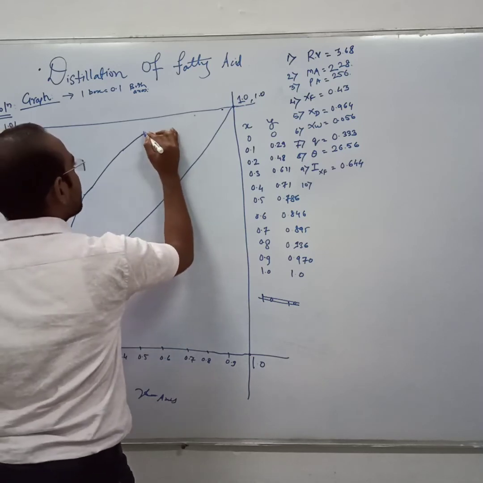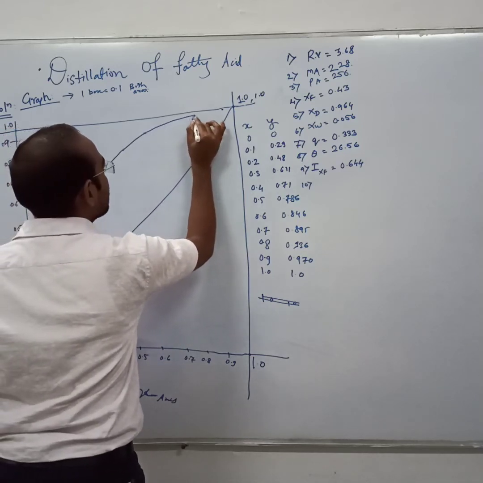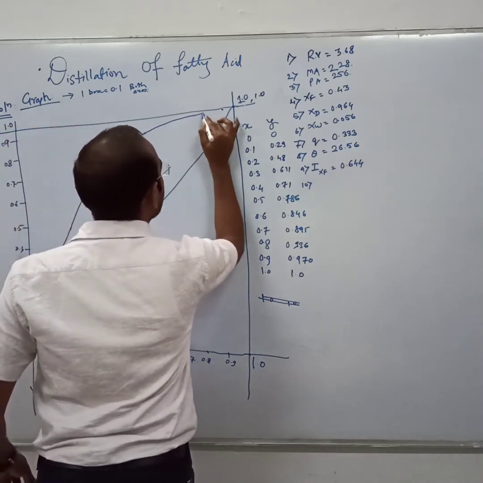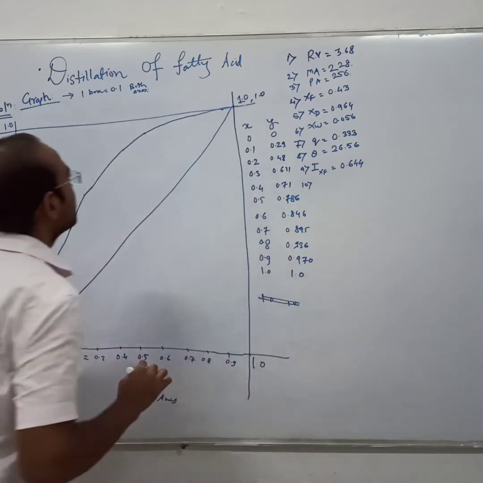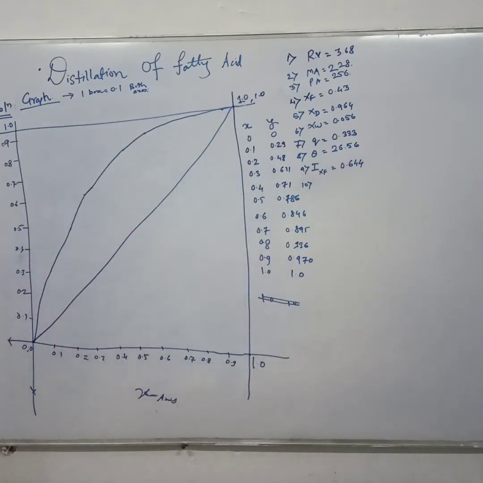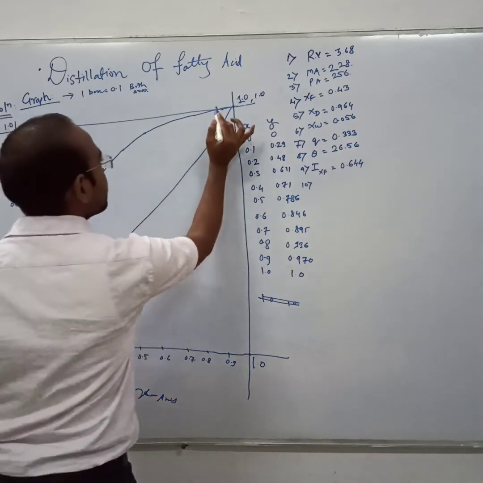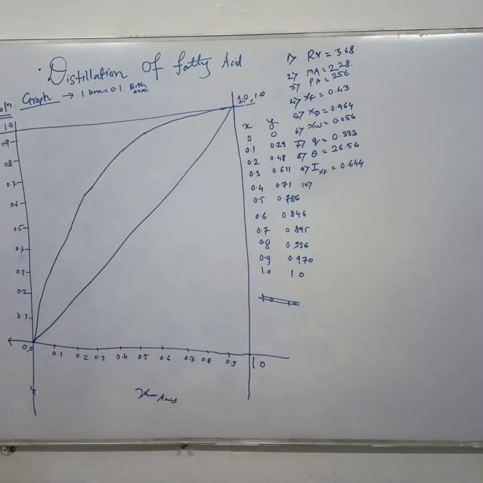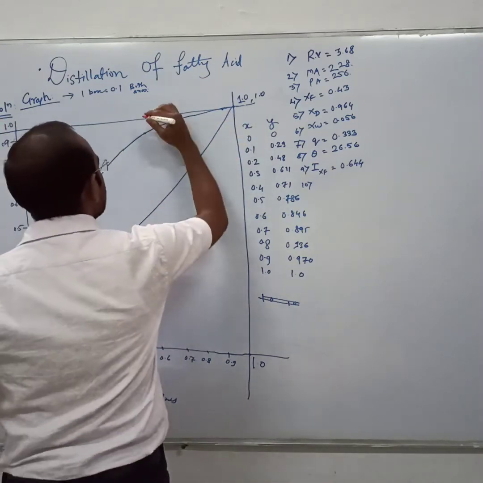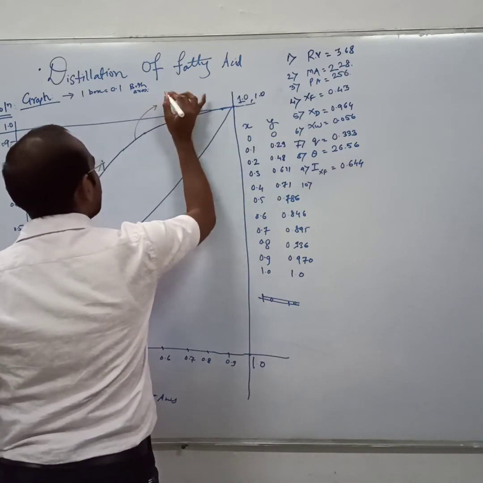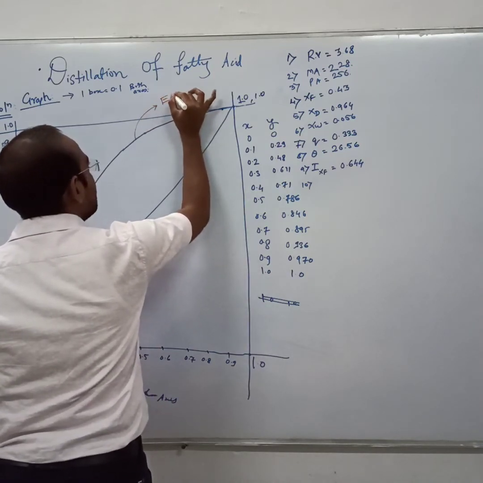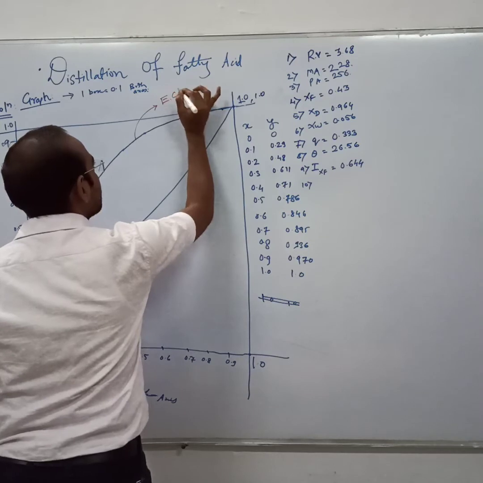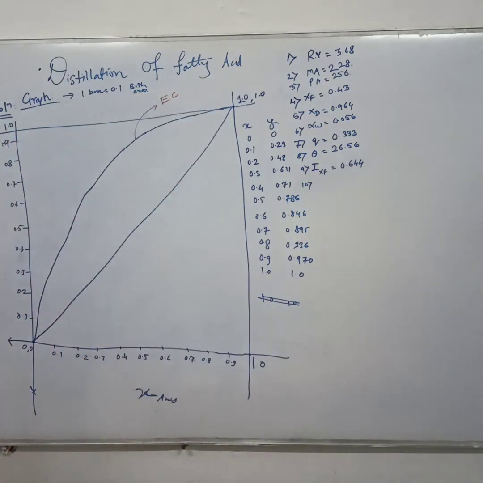So this is our equilibrium curve of our distillation column, denoted by capital EC.